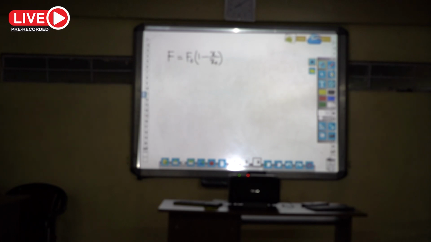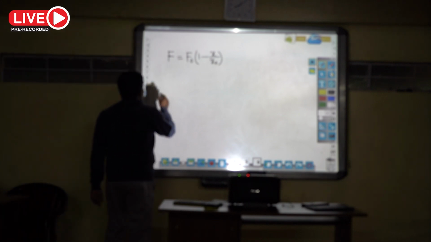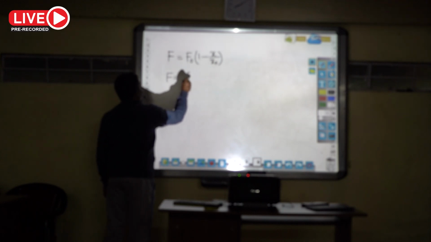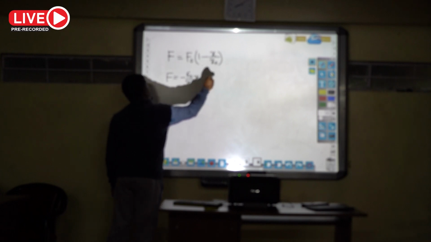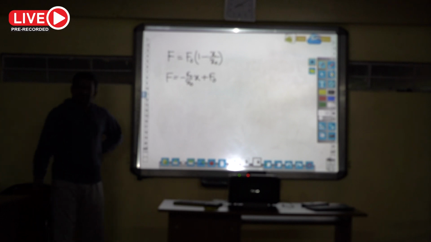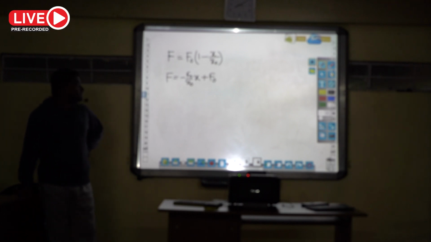See, what is the power of F? 1. What is the power of x? 1. So can I write this equation like this? By multiplying this one, I can write the equation like this.